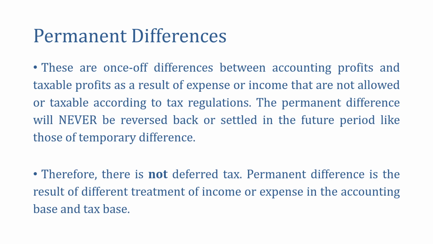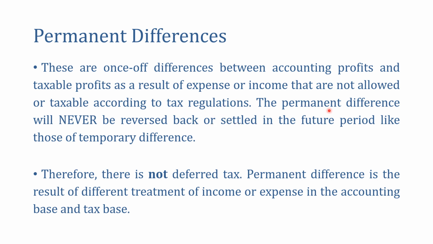Good. Now that we are done with temporary differences, let's talk about permanent differences. What are permanent differences? Those are once-off differences between accounting profits and taxable profits as a result of expenses or income that are not allowed or taxable according to tax regulations.